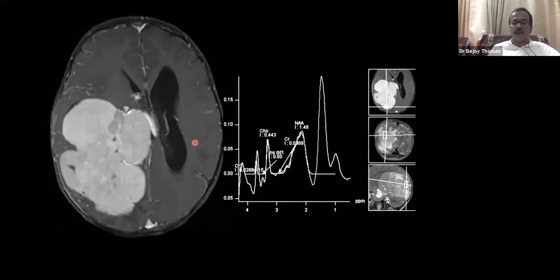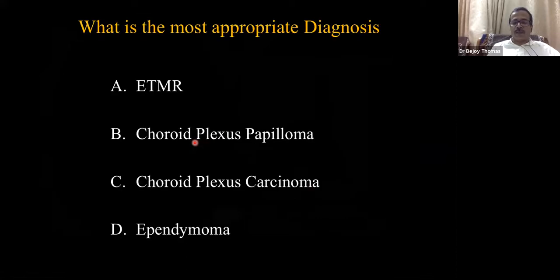You see a very high, large myoinositol peak in papillomas, whereas in carcinomas and atypical choroid plexus papillomas, the myoinositol level will be low. Myoinositol is an astrocytic marker. When the tumor is higher grade, the myoinositol level will be reduced, and when the tumor is lower grade, the myoinositol level can be increased, and also can be seen in conditions like Alzheimer's disease.